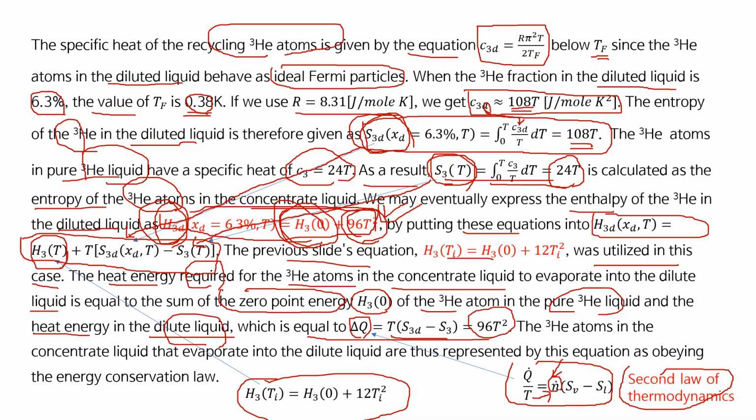So one more time, the enthalpy of the helium-3 in dilute liquid is the sum of the zero-point energy plus 96 T squared. So 96 T squared is the heat energy in the dilute liquid.